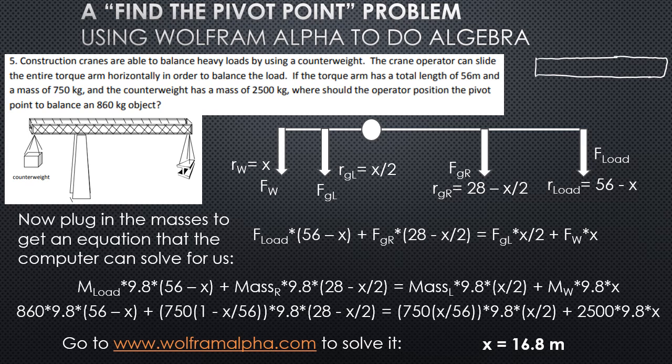It means that our pivot point here, our support beams are 16.8 meters away from the left side, leaving the right side here, if my pen would work, with whatever 56 minus 16.8 is, which is 39.2 meters.